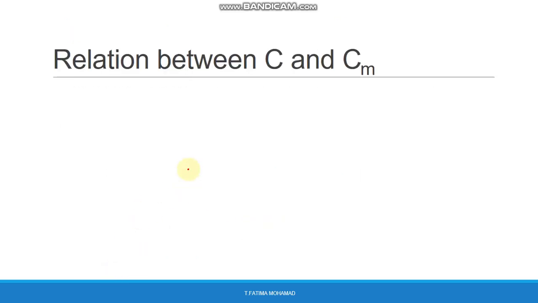Relation between C and Cm. Cm is the mass of solute over the volume of solution. So how can we calculate the mass of solute? It is n times the molar mass, because n equals m over molar mass.